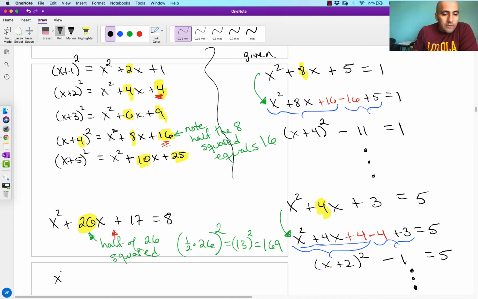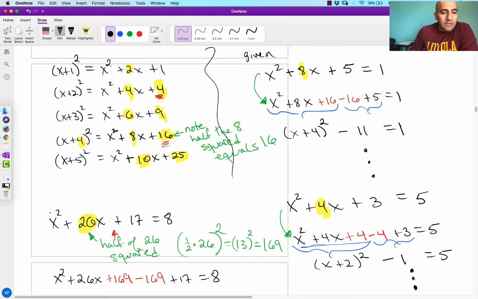So I would copy it back down, x squared plus 26x, and then I'm going to add the perfect amount, which is going to be that 169 plus 169, and also subtract that amount. Whatever you add, you subtract, and therefore you haven't really changed anything. So add and subtract 169, plus 17 equals 8.